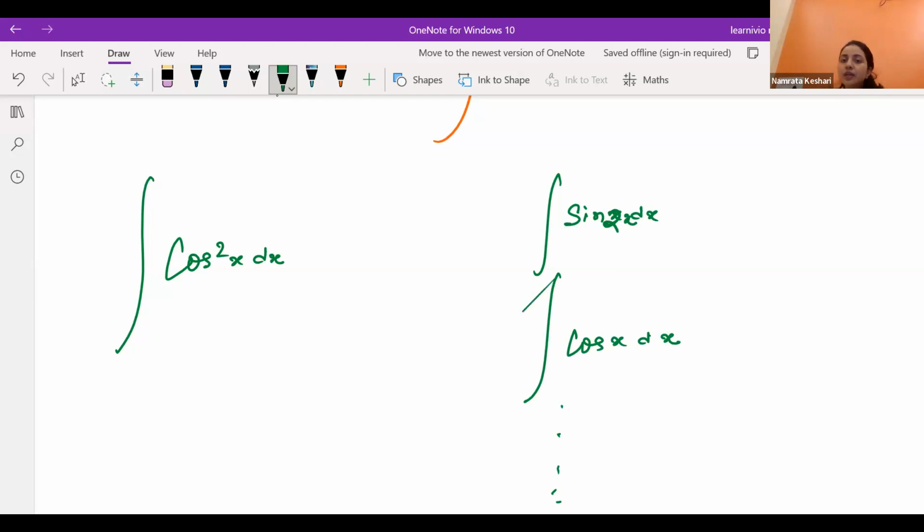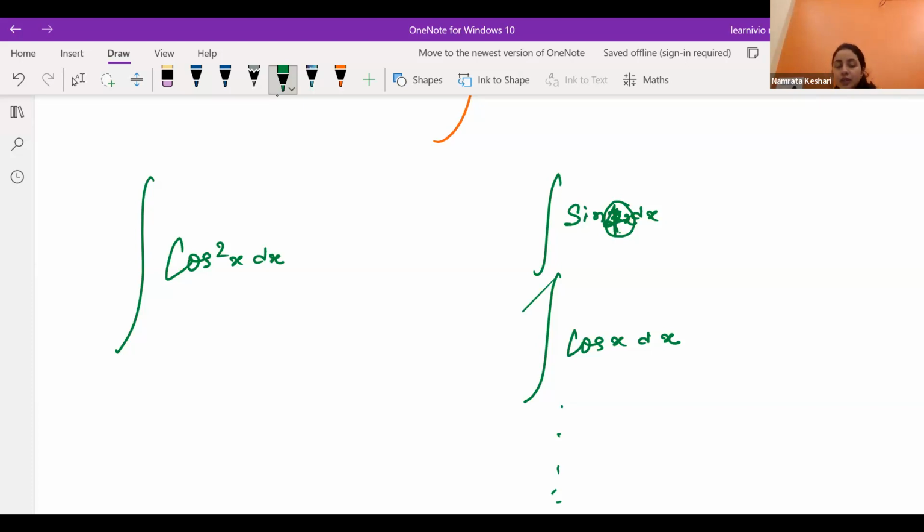Yes. That instead of 2x you can also have 4x, and you will be able to do it. So you realized that the angle can be anything. It can be x, 4x, x plus 2, x by 2, x by 3. The angle can be anything, but the function must be sine, then only we will proceed with the integration, right?